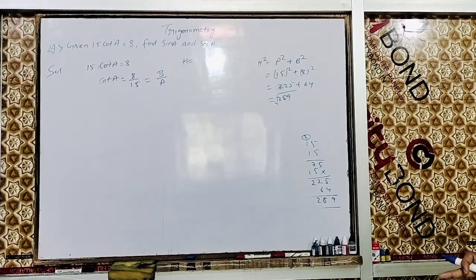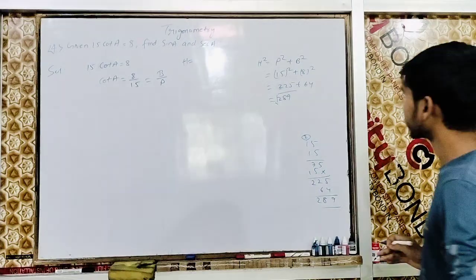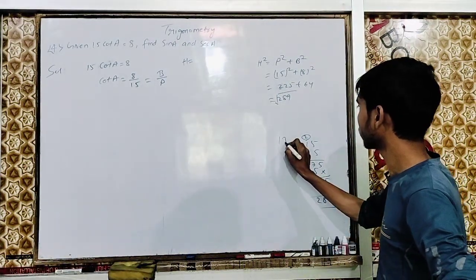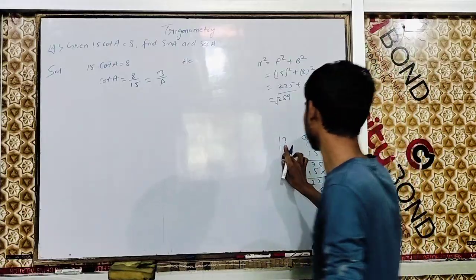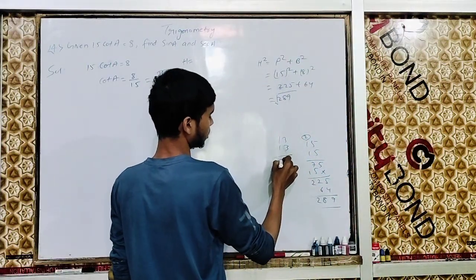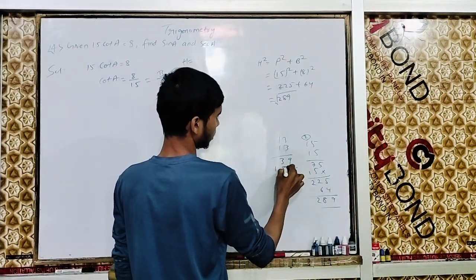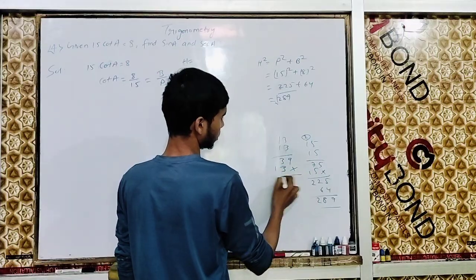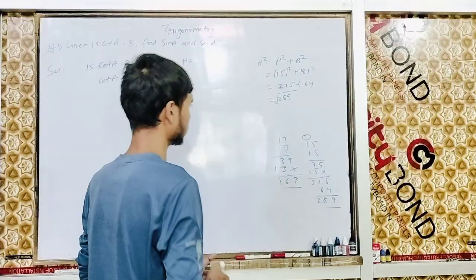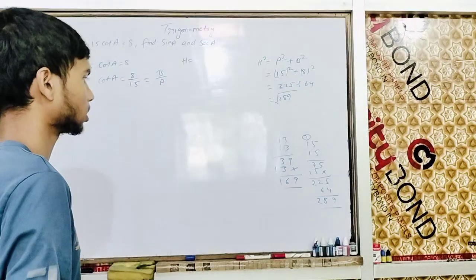We have got 289. So 13 would give us 9, then 3, then again 13. 9, 6, yes, 169. 14, 14.